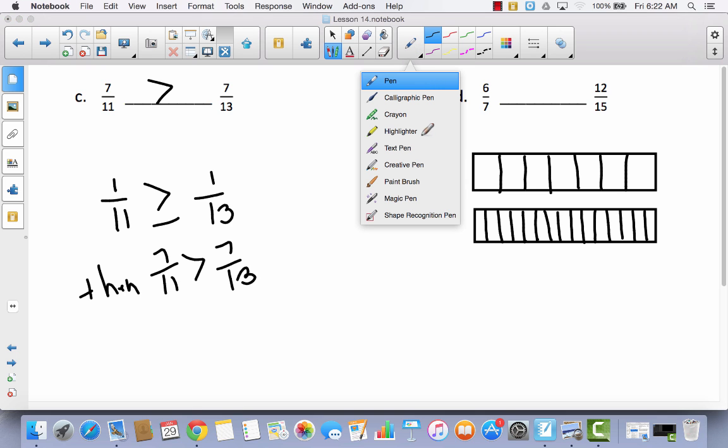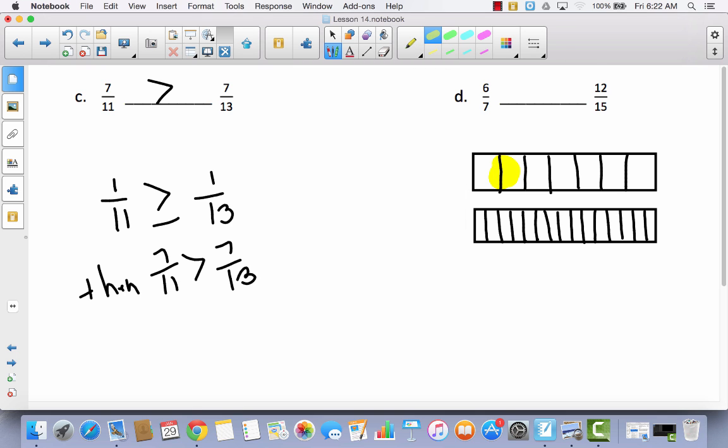Okay, now I'm going to shade. I'm going to use my highlighter so you can see what I've got here. So here is 6 out of 7. And 2, 4, 6, 8, 10, 12. There's 12/15. Very close, right? So it's kind of hard to tell from the model. So I need to find a common numerator or a common denominator.